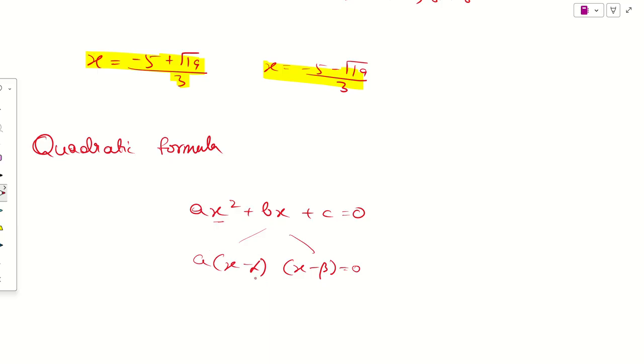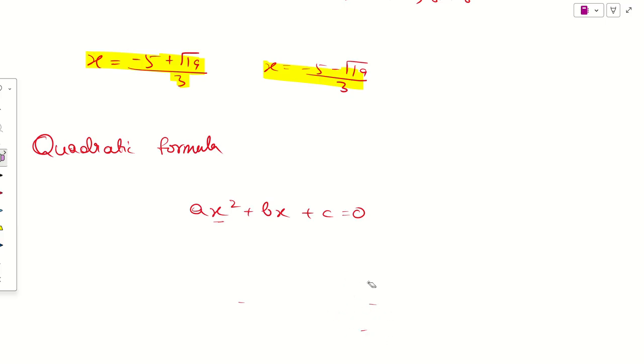That's the thought process. If I equate the whole equation to 0, either this will be 0 or this will be 0, and from here you get the x values alpha and beta. This is what we are trying to find.